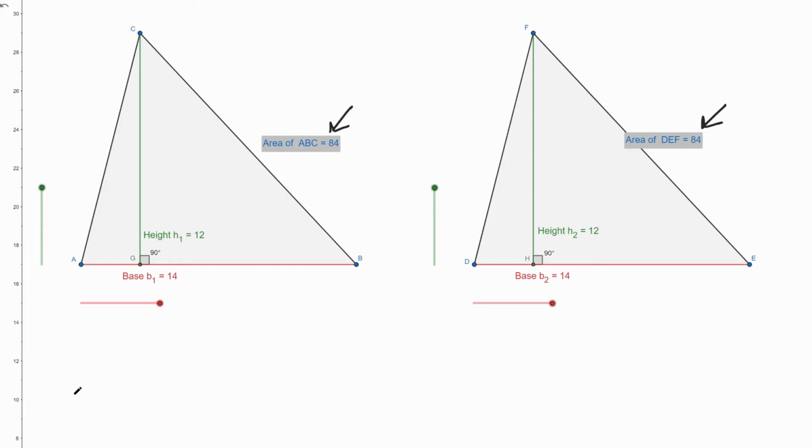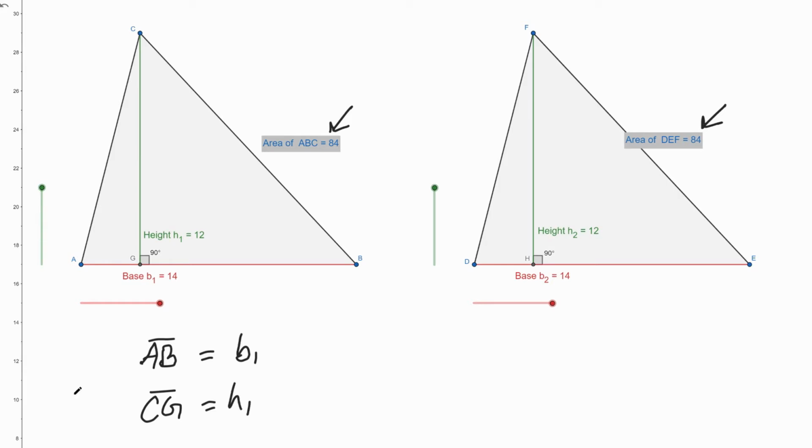For both the triangles, I have marked the base in red color. So for triangle ABC, the base AB, the segment AB, is the base, and I will mark it as B1. And if you look at this green line, this is the height of the triangle ABC. So segment CG is the height.